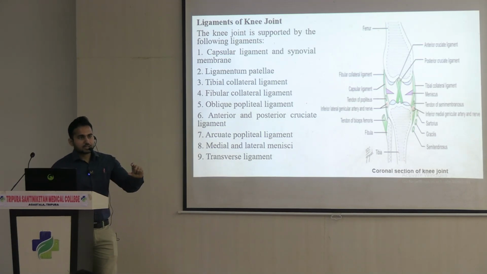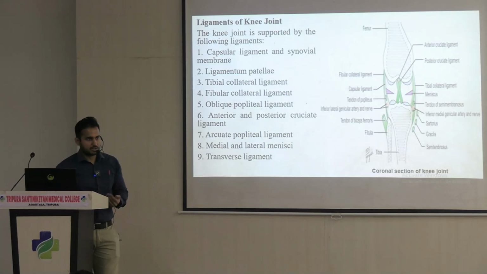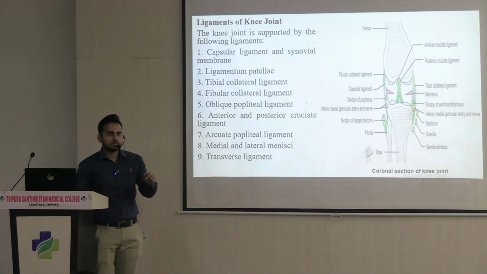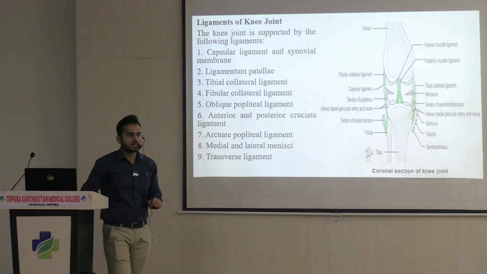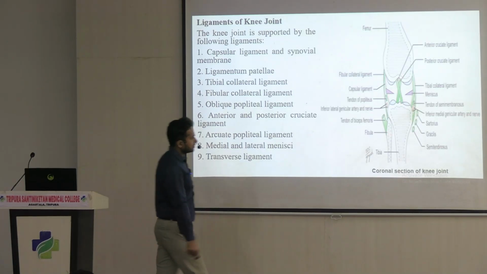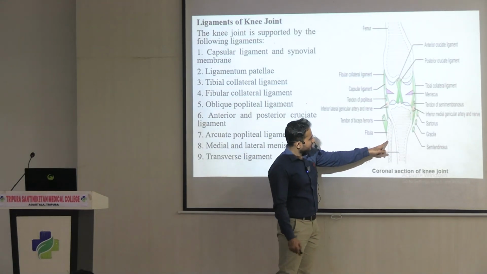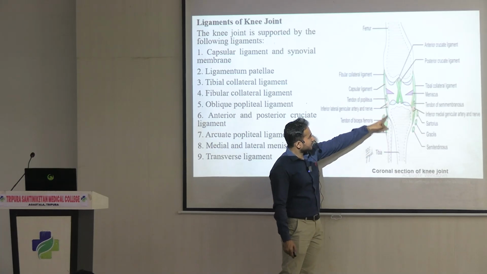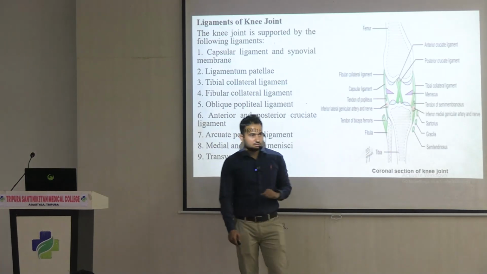So one part of these structures is attached to the femur and one part is attached to the tibia. Now there are some structures which are attached to the fibula also, for example the lateral collateral ligament. Can you see the fibula over here? This is the tibia and this is the fibula. So the lateral collateral ligament is attached to the fibula.